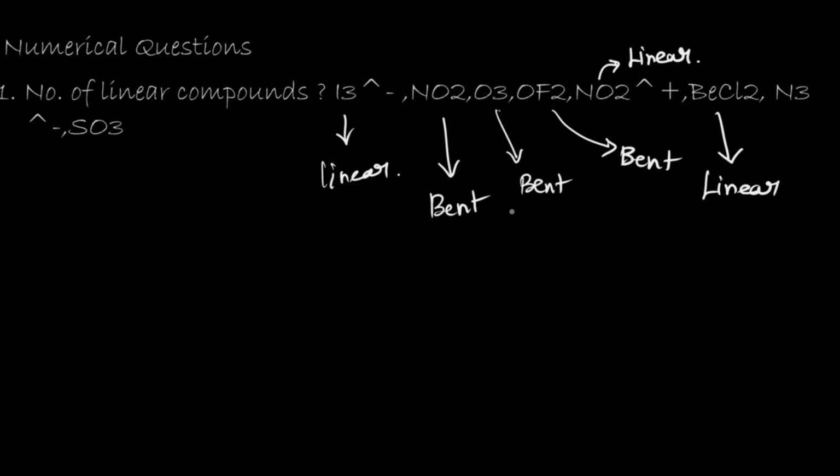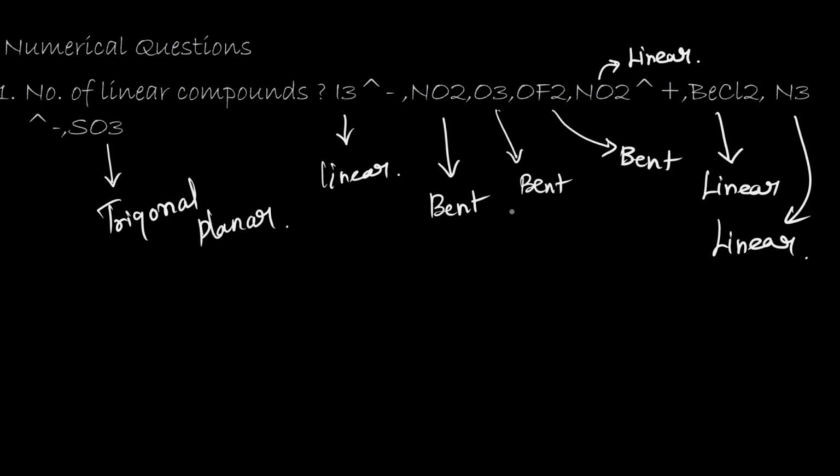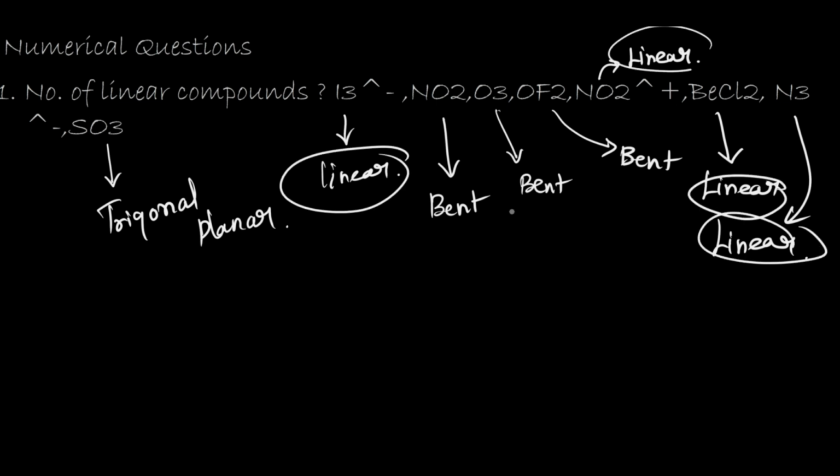And N3 minus, once again, has a linear geometry. SO3 is trigonal planar, so that is not linear. So how many compounds become linear over here? 1, 2, 3 and 4. So the answer to this question is 4.